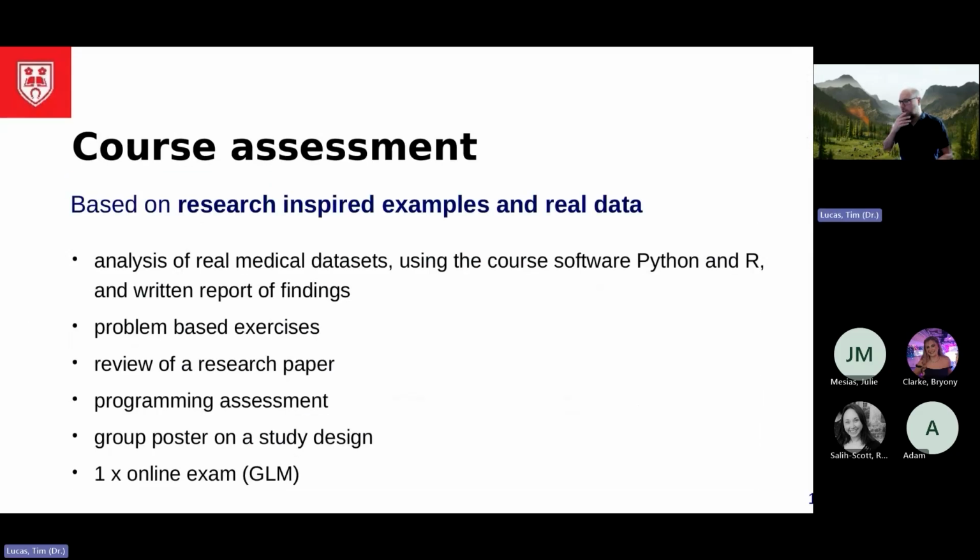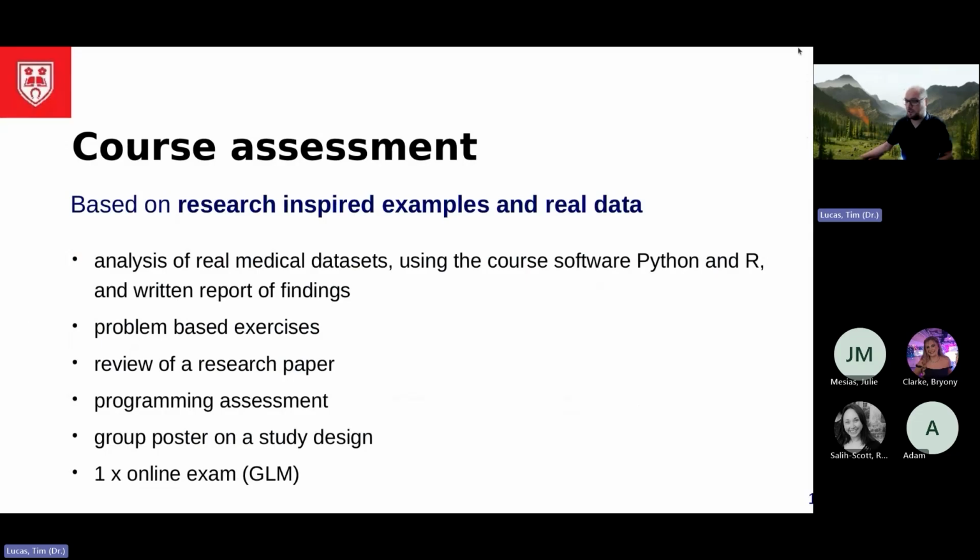Of course, assessment. All the assessment is based on real examples and real data sets. Nearly all the assessments will be some sort of data analysis of a data set using either Python or R. Often these will be problem-based exercises, going through quite clearly, like, please do this little bit of analysis, please do this little bit of analysis.